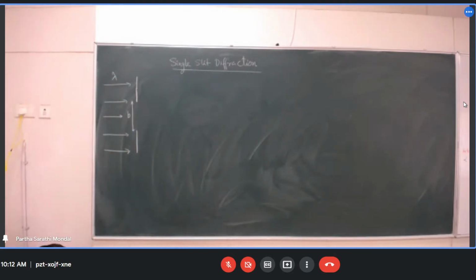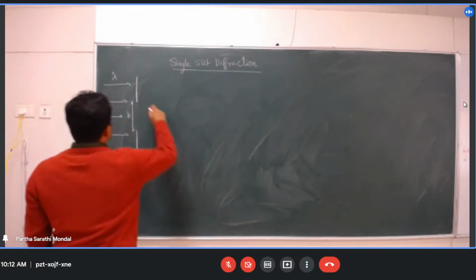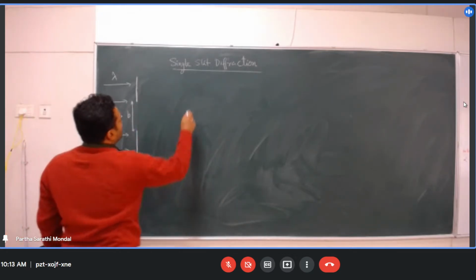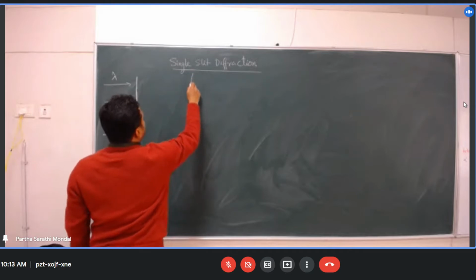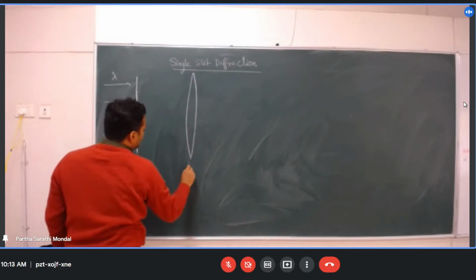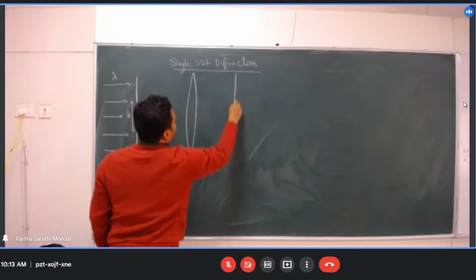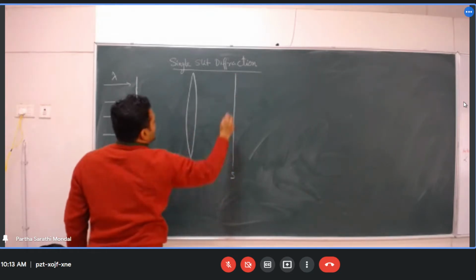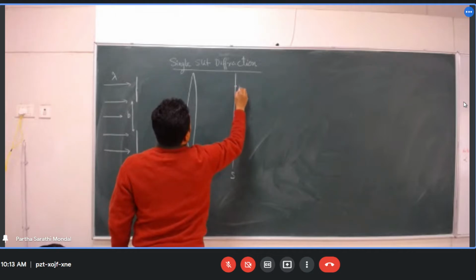What we mostly do is put one convex lens here, and then a screen here. Let's say one arbitrary point is P on the screen.